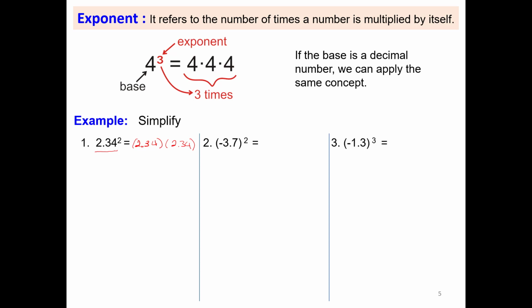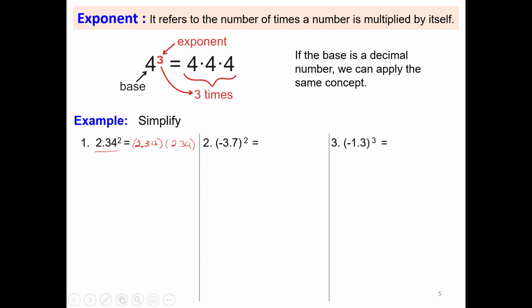And we know how to solve this one. If it's to the second power, we just need to multiply by the base the number of times indicated by the exponent.